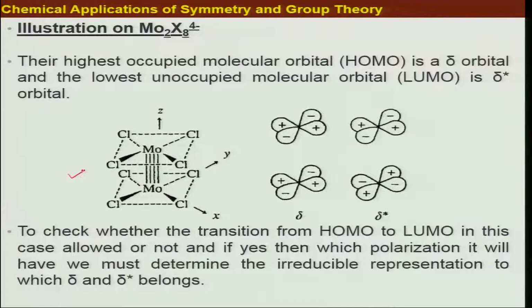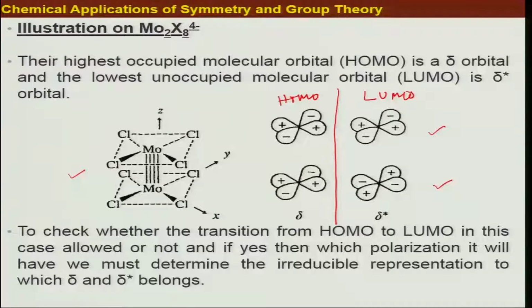You don't have to worry about what delta star and delta are, because we are giving the detailed picture of the orbitals for this HOMO and LUMO explicitly here. Okay, so this is the HOMO part and this is the LUMO part.